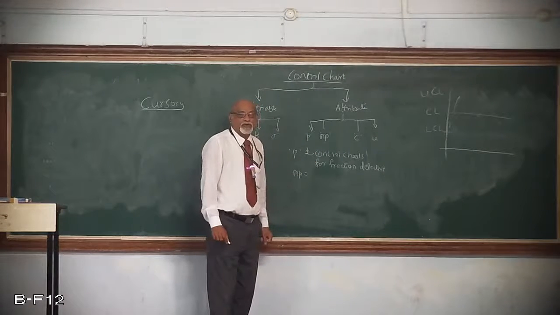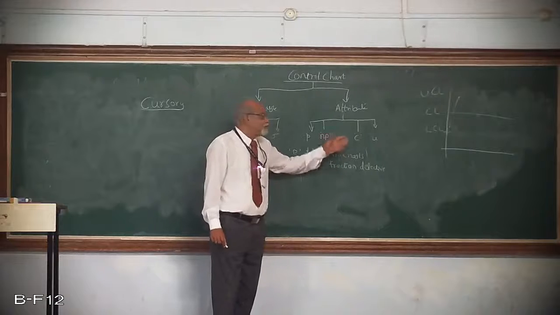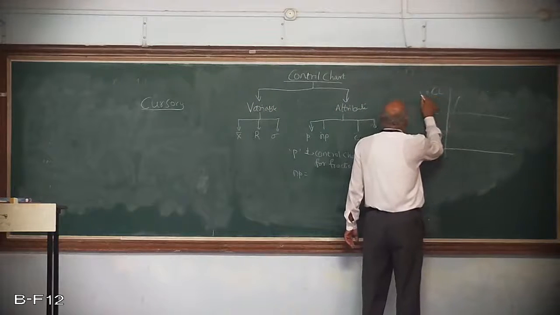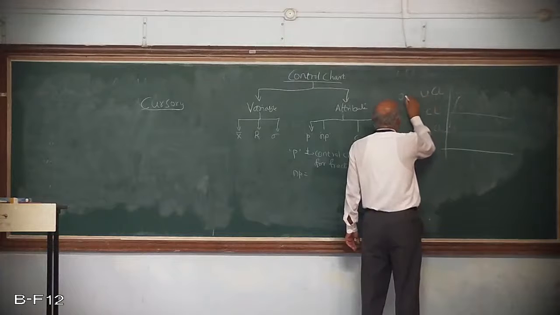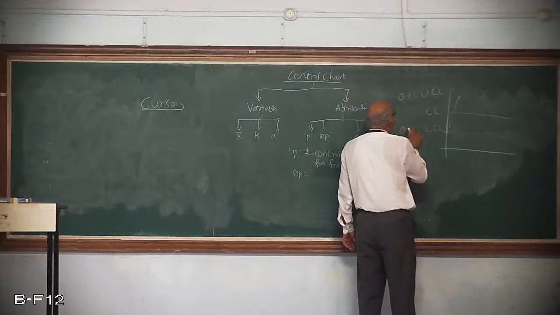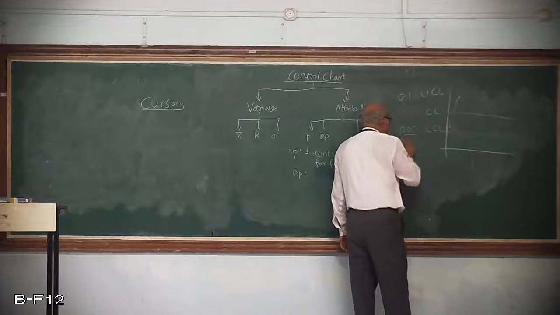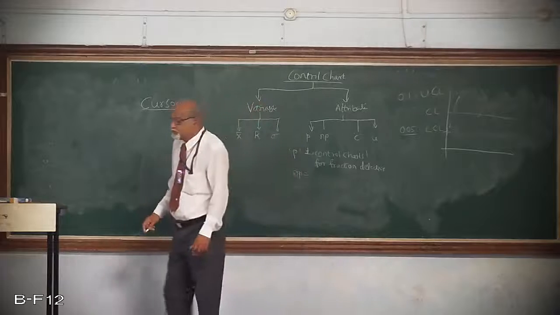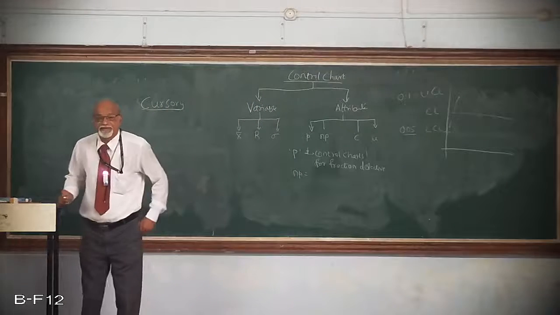How? Suppose for example, upper control limit we have calculated. It works out to be 0.1. And lower control limit, it works out to be 0.05. Means what? That is what we need to understand.